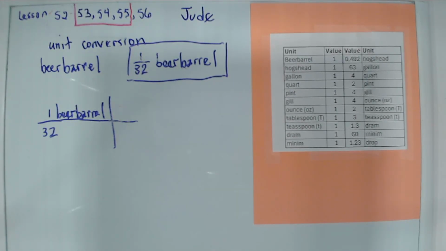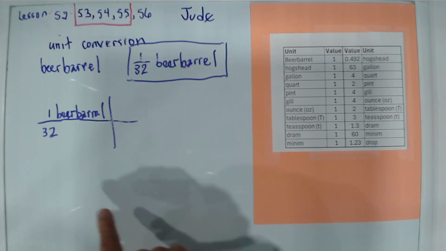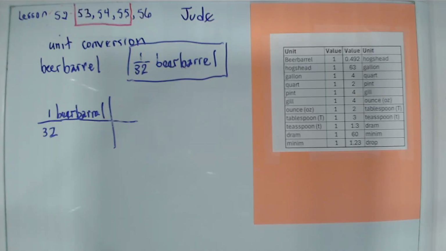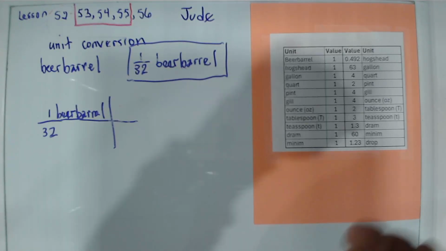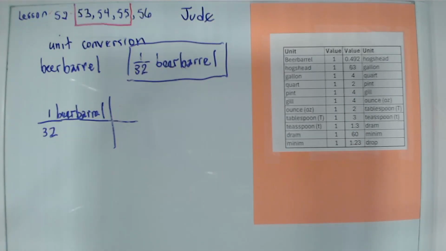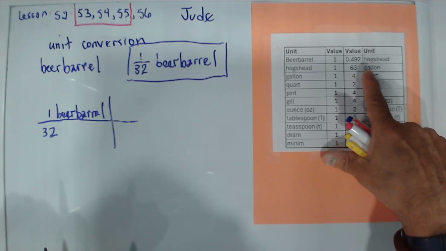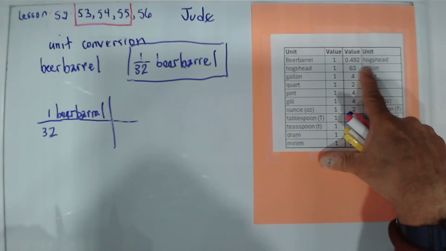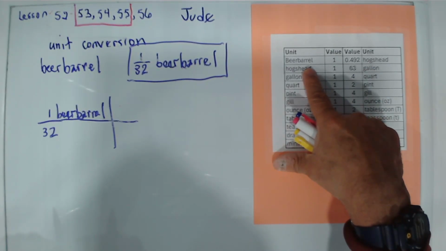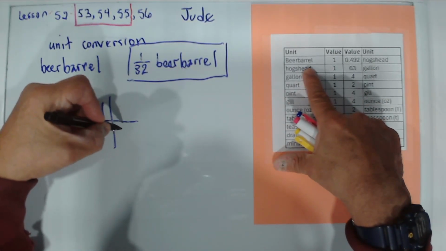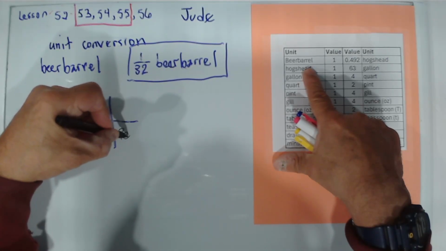Okay, so now we have 1/32 of a beer barrel, and we want to know how much that really is in something that we're used to. Well, I have beer barrels here. Let's convert it to hogsheads. And where do we want to put the hogshead? We have to use beer barrel, so it'll cancel. So we'll have to put beer barrel right here.